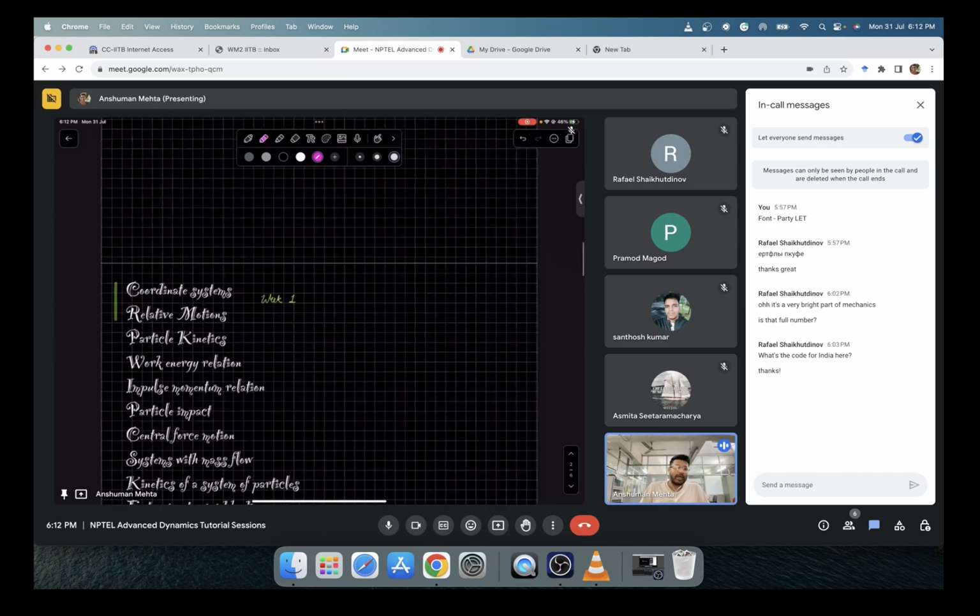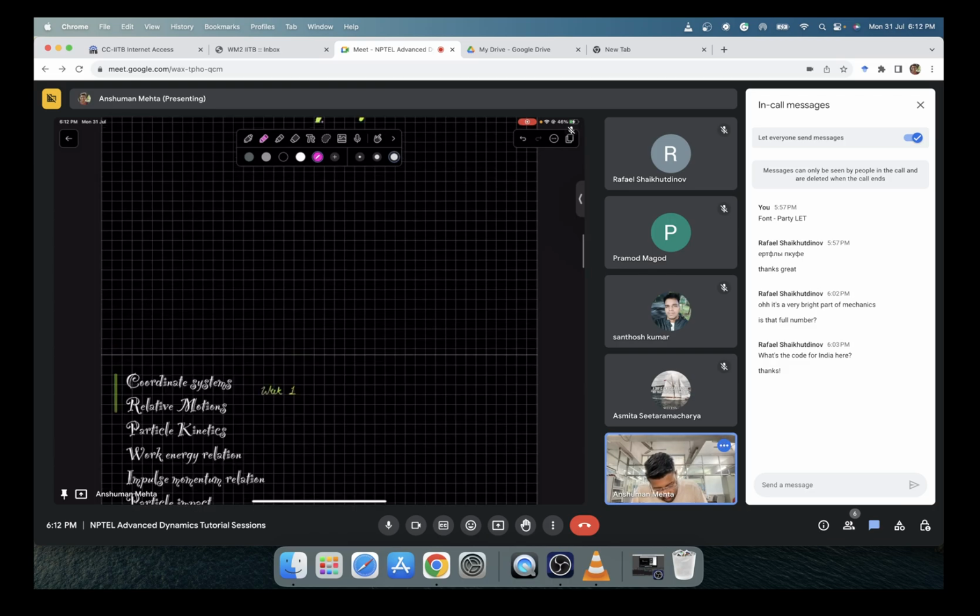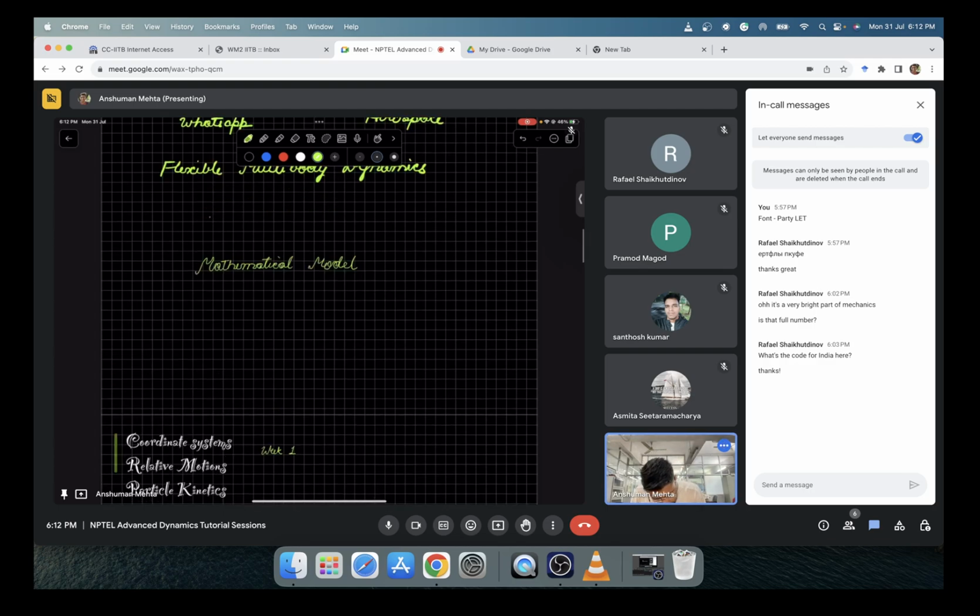Talking about maths, there is a difference between maths and physics, and the difference is called abstraction. We have a mathematical model and we have a physical model. When we talk about converting a physical model into a mathematical model, there is something called abstraction.